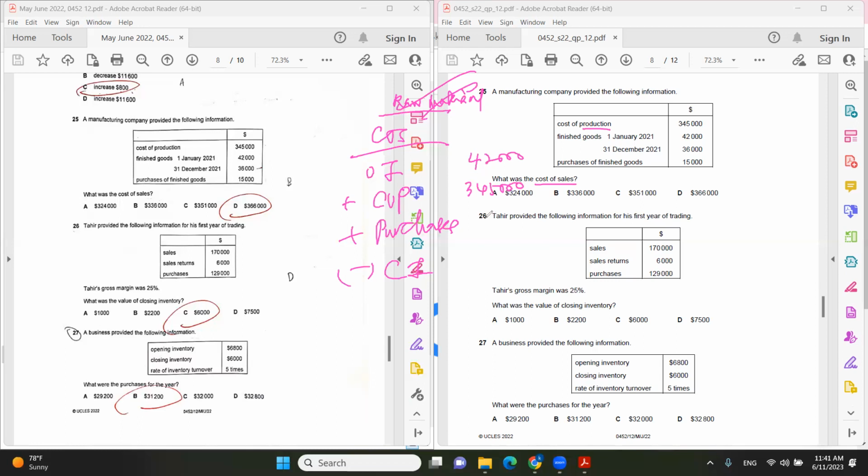Purchases for the finished good is 15,000. Then the closing inventory is 36,000. So we calculate the cost of sales: 42000 plus 345000 plus 15,000 minus 36,000. So we get a balance of 366000. So the answer should be the one on the list.